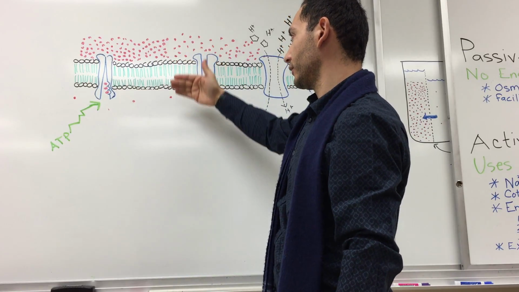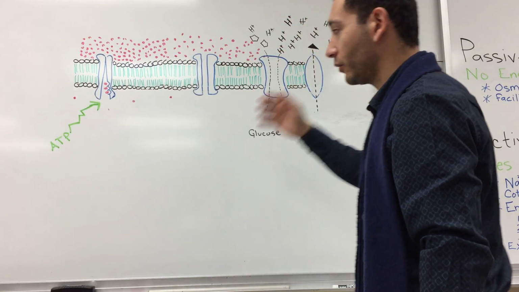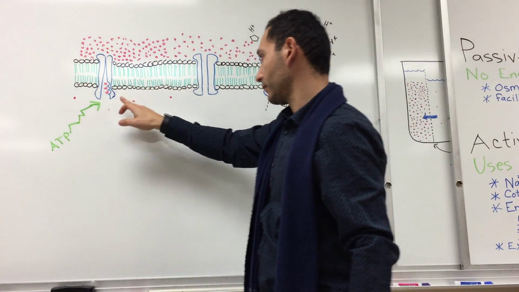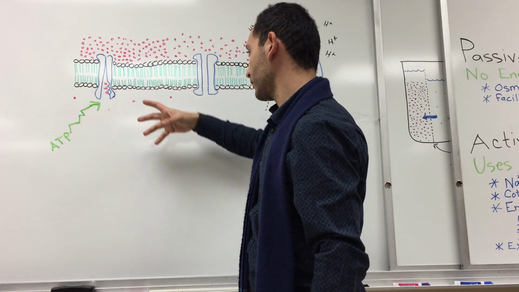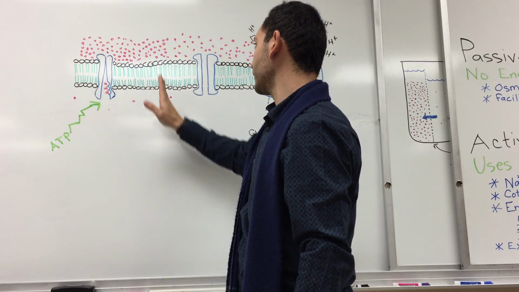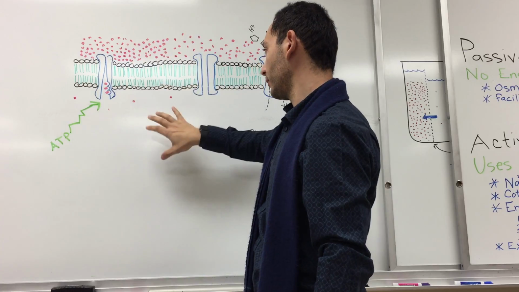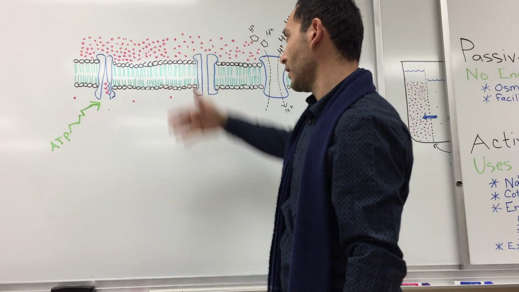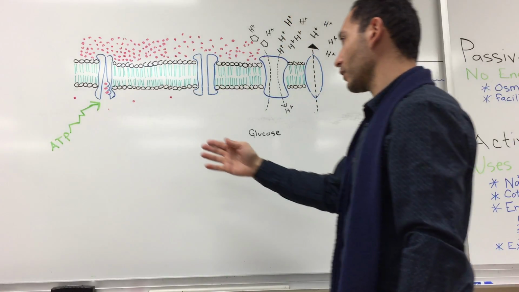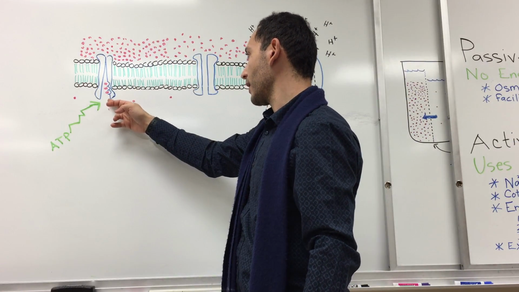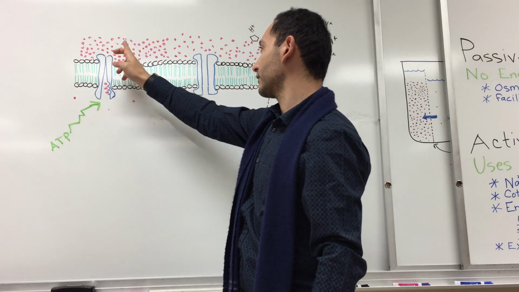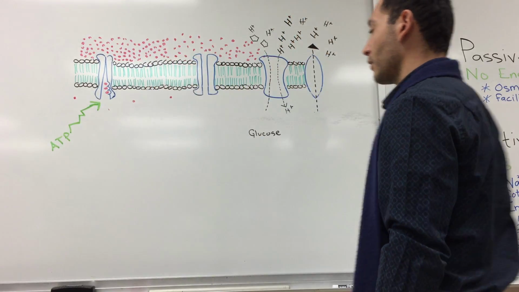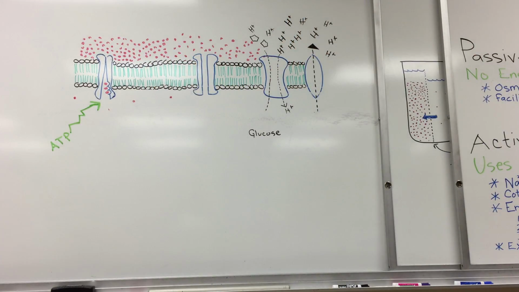They want to diffuse and space out equally in the available space. But if a particular protein or a cell needs to transport molecules against the concentration gradient, or from low concentration to high concentration, that's the opposite way that the molecules want to move. And therefore, those particular proteins require energy to pump them against the concentration gradient, getting them out of the cell or in the cell, whatever happens to be the case.